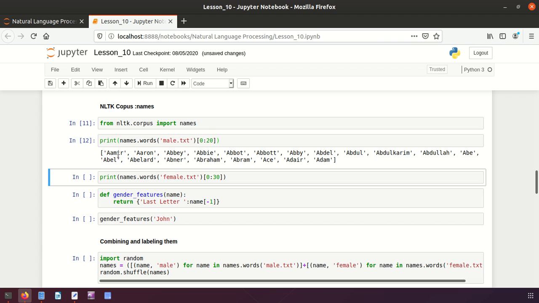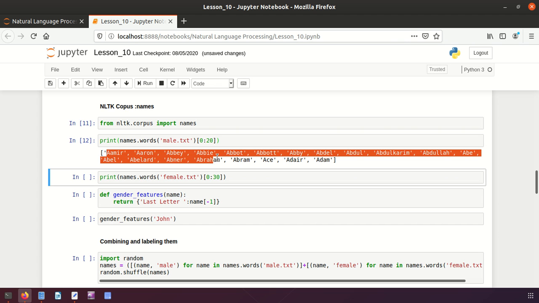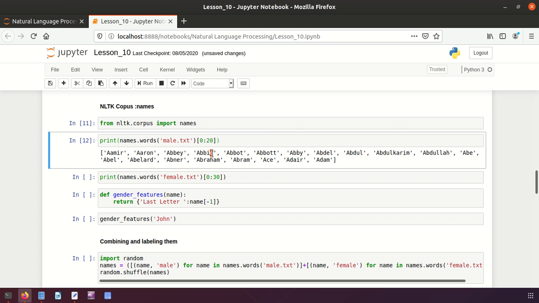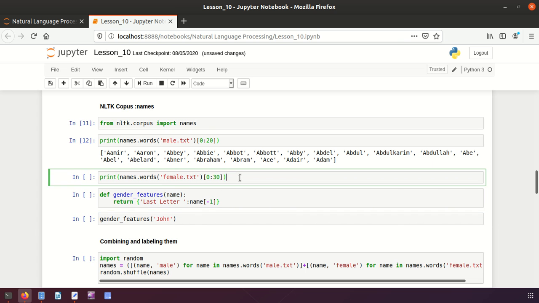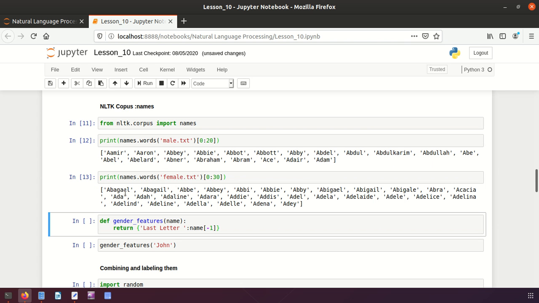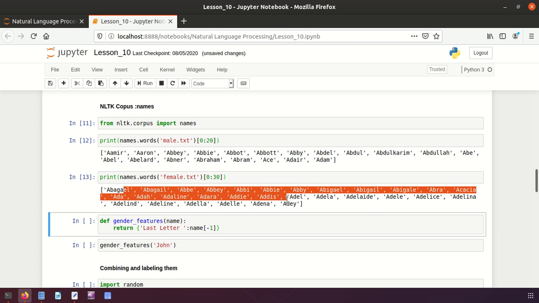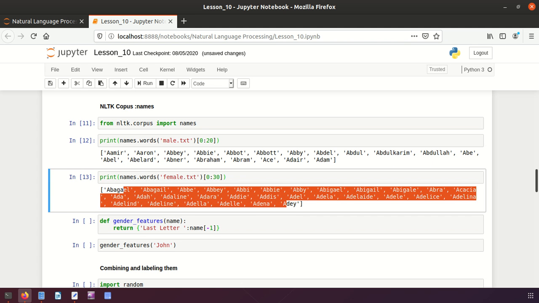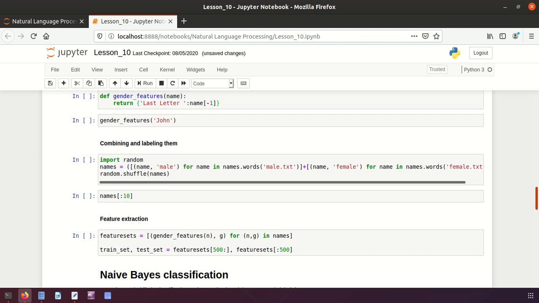You can see they are male names, with different endings. And these are the names for females. So we have 2 documents, male names and female names, and we'll be considering the last character of the names, and based on that we'll be training our model or algorithm.